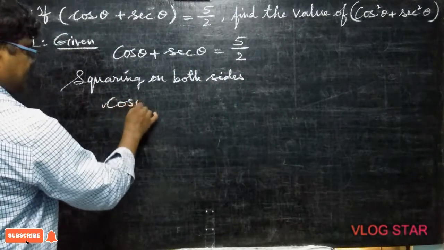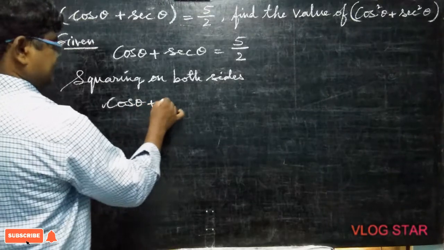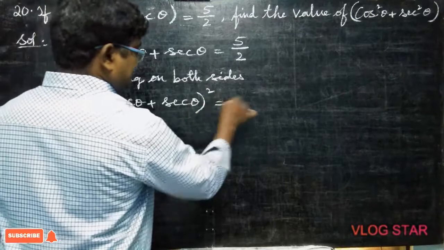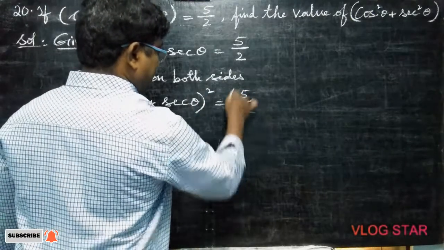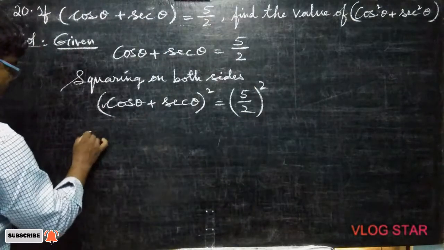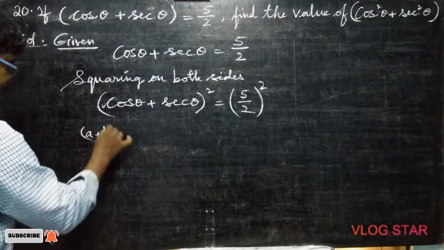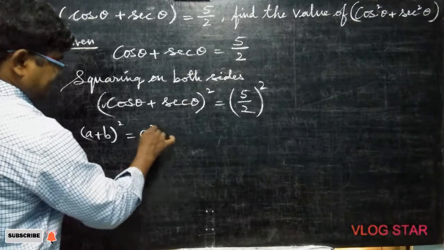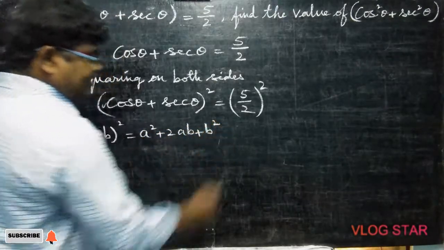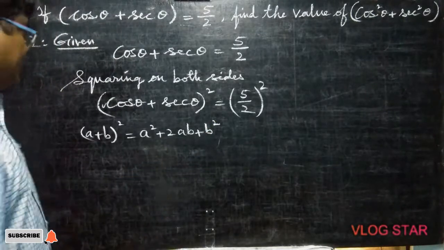So cos theta plus secant theta whole square is equal to 5 by 2 whole square. Now it is in the form of a plus b whole square. You know this formula, a square plus 2ab plus b square. You have to mention the formulas, very very important.